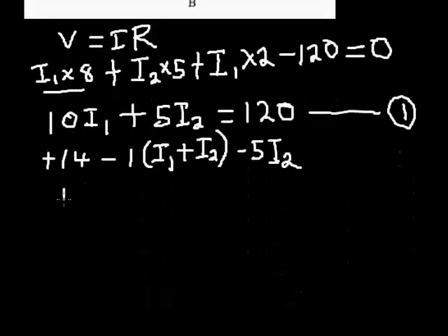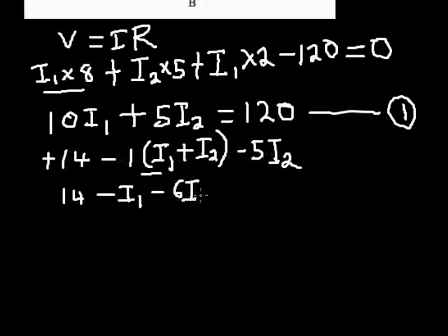This is going to give me 14, then if I open this bracket, minus 1 multiplied by I gives me minus I1, and minus I2. Minus I2 minus 5I2 will give me minus 6I2.